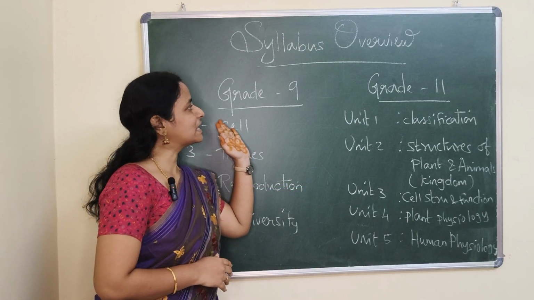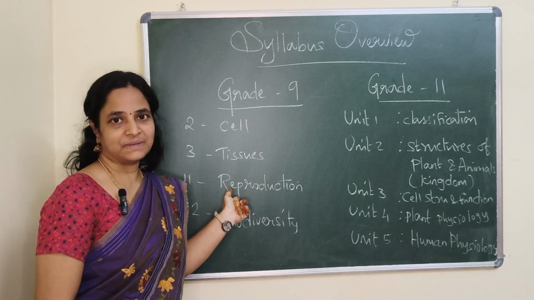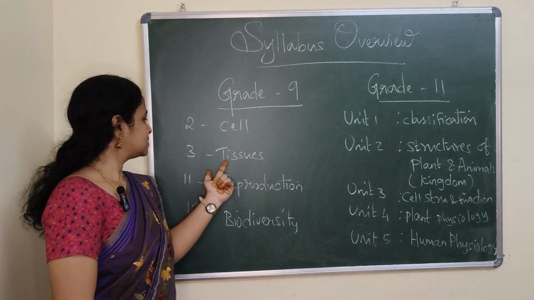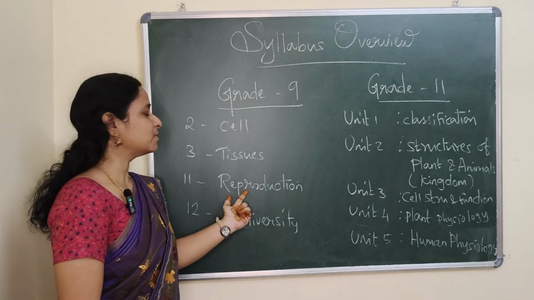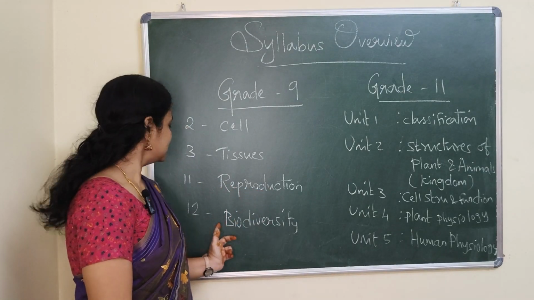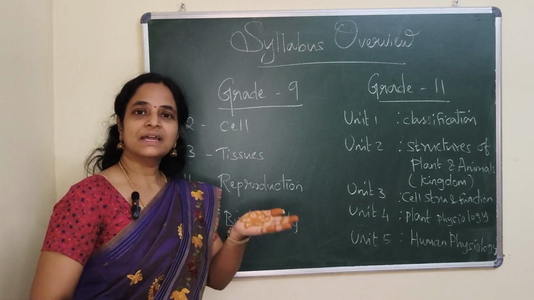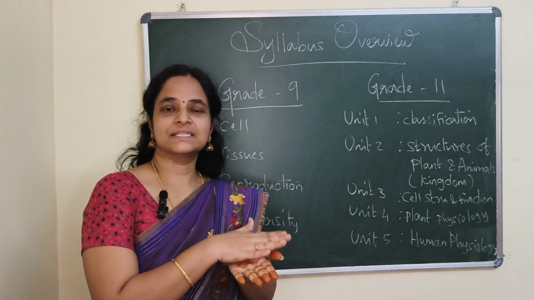So coming to grade 9, we have 4 chapters here. Chapter 2 is about cell, tissues, third chapter, 11th is about reproduction in plants and animals, and chapter 12 is biodiversity. You can find this 9th standard as a base. Why?